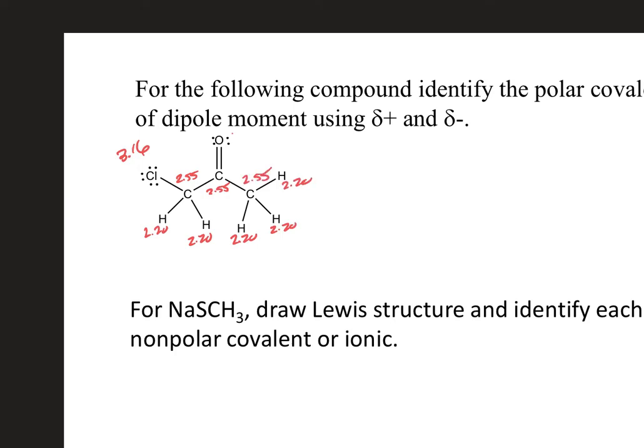And oxygen 3.44. You see that if we look at this carbon there, it's surrounded by 2 carbons and an oxygen. So just looking at that, the oxygen is the most electronegative, so it's pulling electrons above the carbon like that, which means you're going to get the partial negative here and partial positive down there.